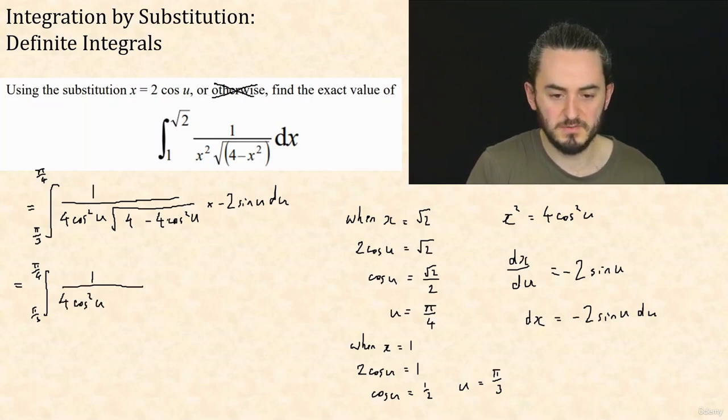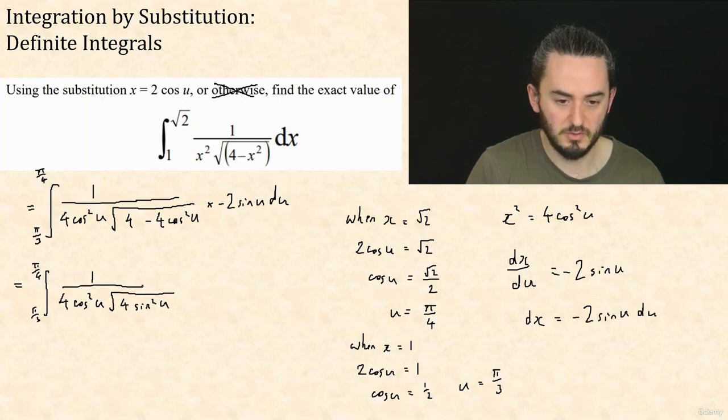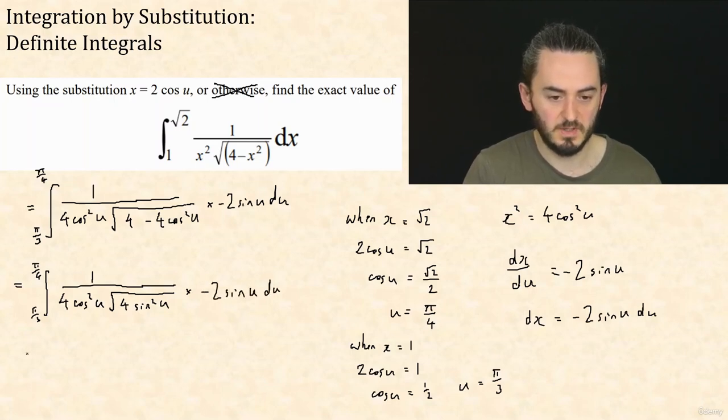Well, 4 minus 4 cos squared u is actually just 4 sine squared u, right? Because of the identity that 1 minus cos squared u is sine squared u. So that's just 4 sine squared u. And all of that gets multiplied by minus 2 sine u du.